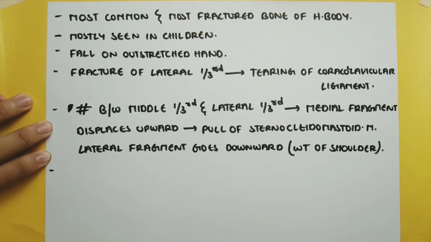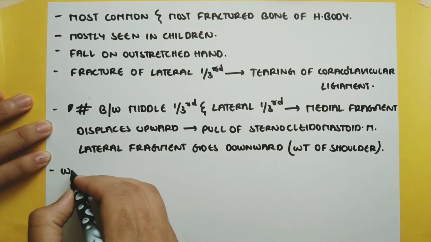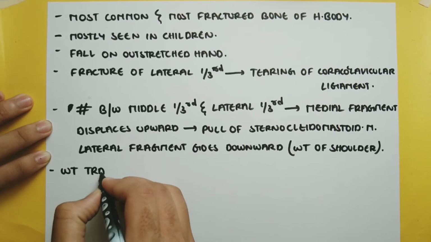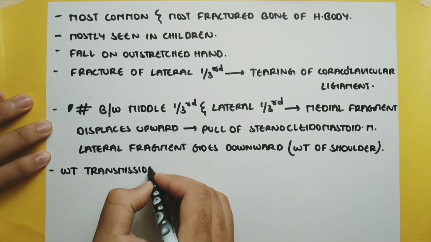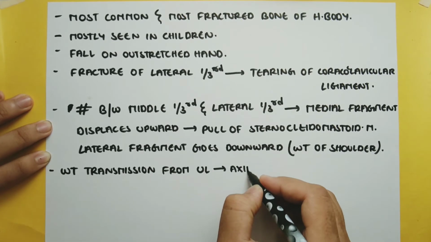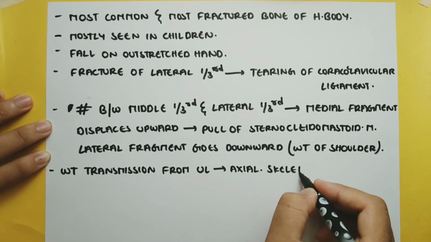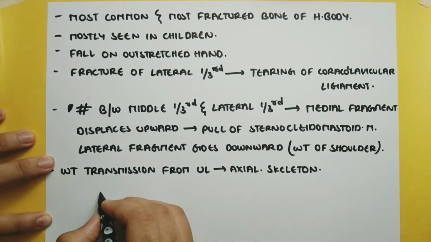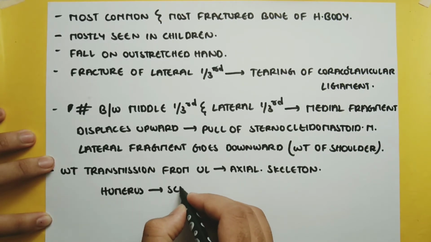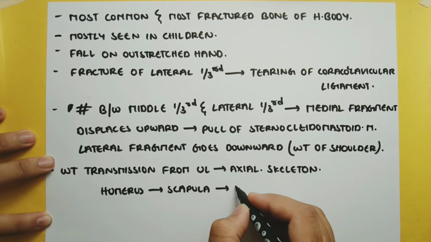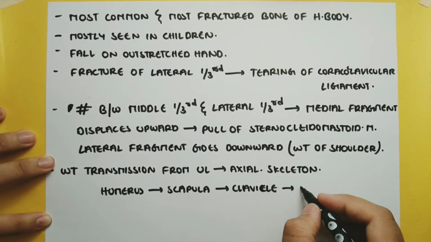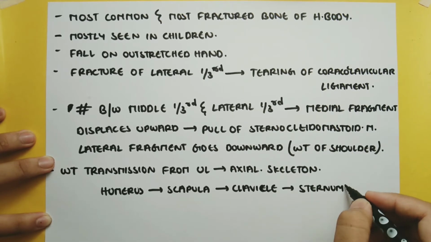We already know that the clavicle helps in weight transmission from the upper limb to the axial skeleton, that is from the humerus to the scapula to the clavicle to the sternum and ribs.